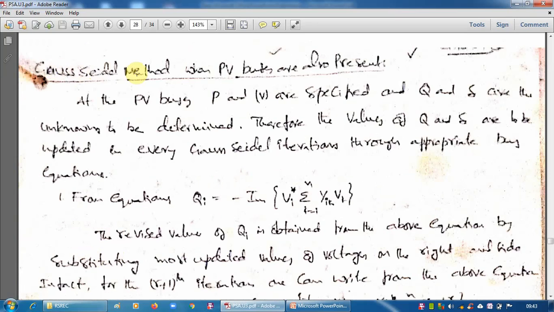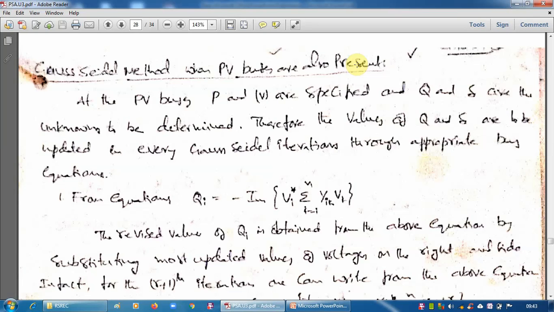Now, Gauss-Seidel method when PV buses are also present. This is a generalized method. When a PV bus is also present during the process of computation, what should we do?